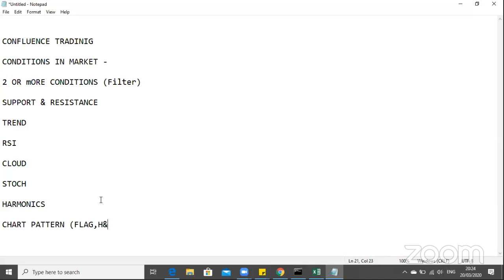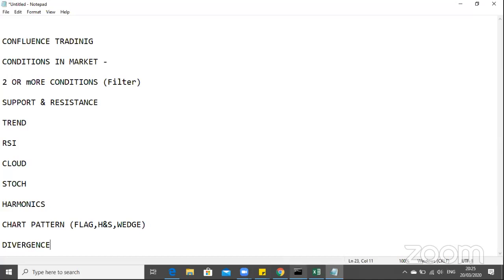Wedge. Pennant. Or ascending channel, descending channel. A lot like that, guys. All of this is another condition. So where the work is for you is to be able to meet up two to three conditions together. Another amazing condition is divergence. So the question now is, which one have you mastered or which one have you perfected?